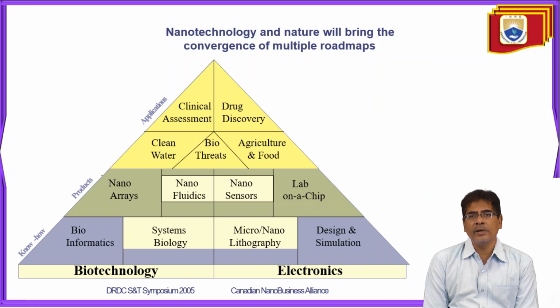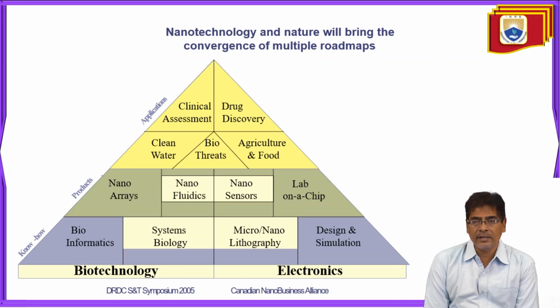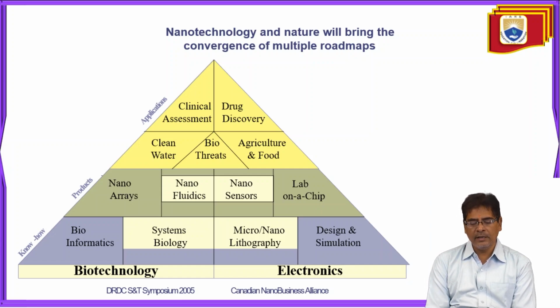And the applications, various applications where they are used: clean water research, biothreats, and electronics which can be applied to agriculture and food, and most of all they are used for drug discovery, and finally we have clinical assessment. So nanotechnology in nature will bring the convergence of multiple roadmaps. This is biotechnology, and we bring the difference between biotechnology and electronics.